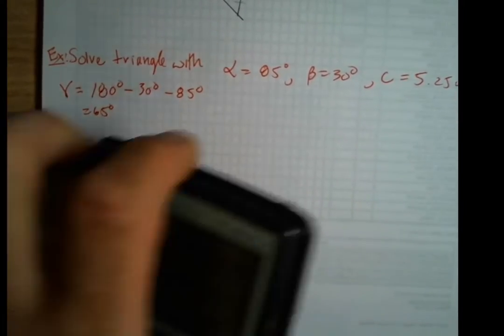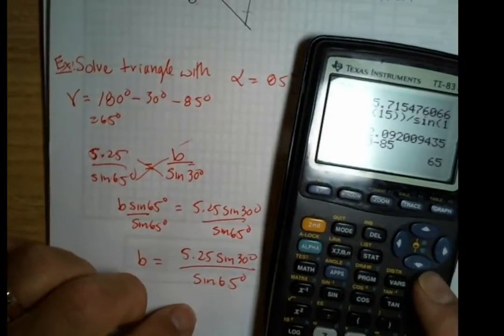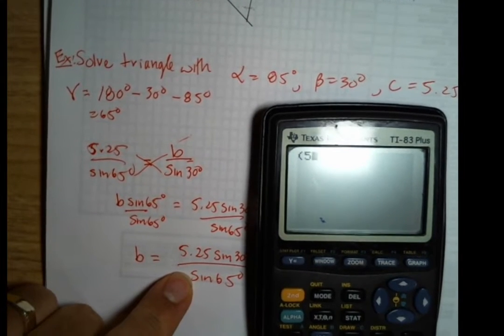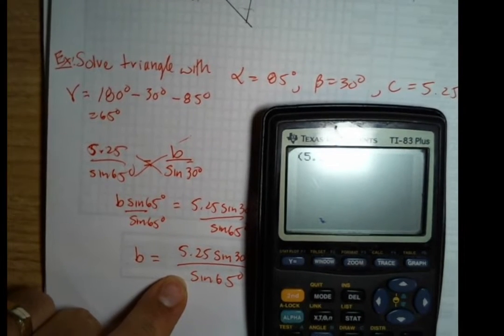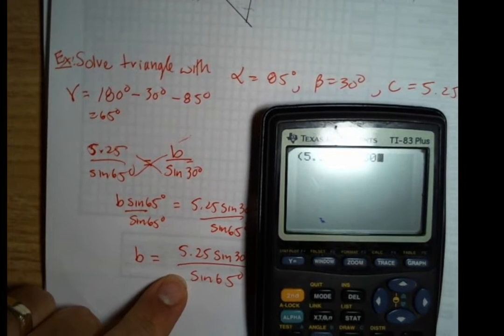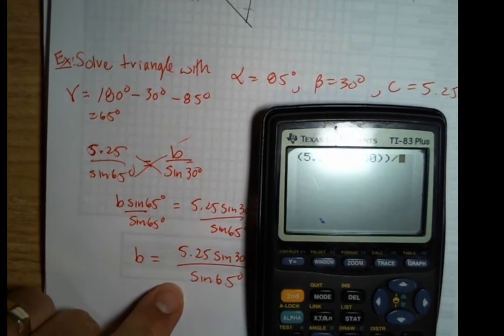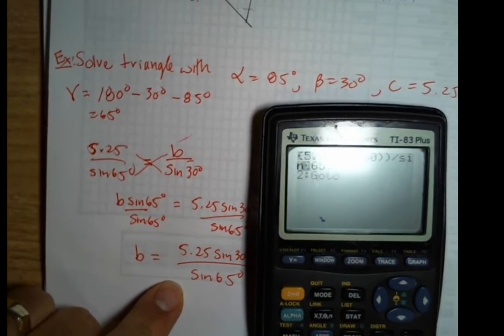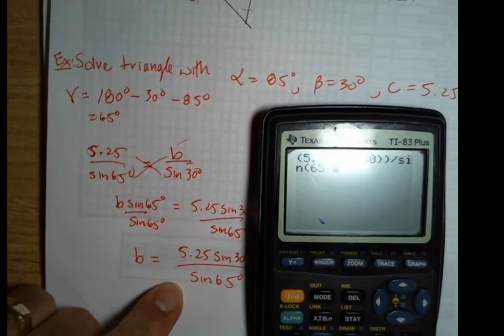Then here we use our calculator to calculate this. In the numerator, 5.25 sine of 30 degrees divided by sine of 65 degrees. Oops, too many parentheses there.